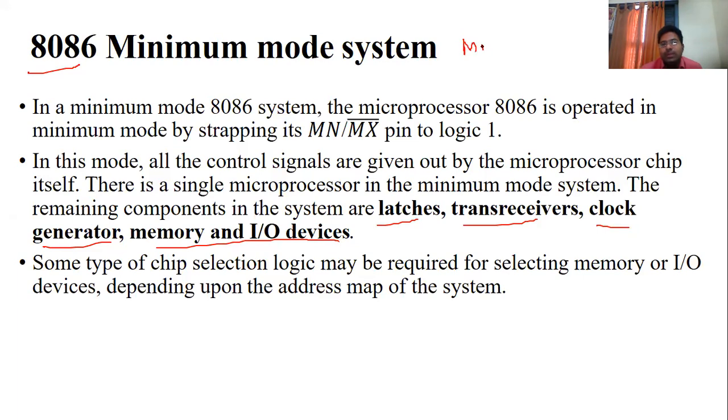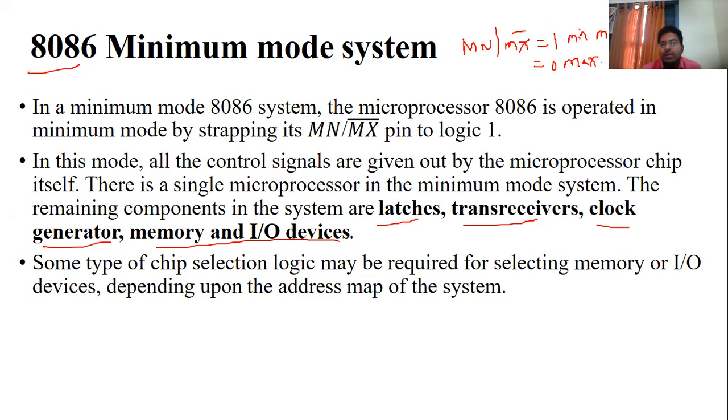You have the pin MN/MX bar. You know that pin. If it is equal to 1, it is minimum mode. If it is equal to 0, it is maximum mode.